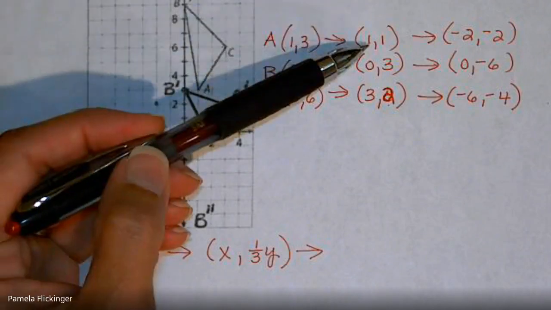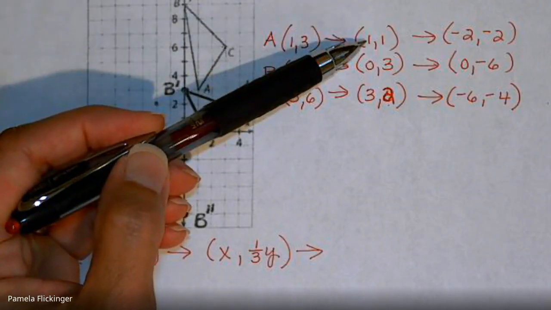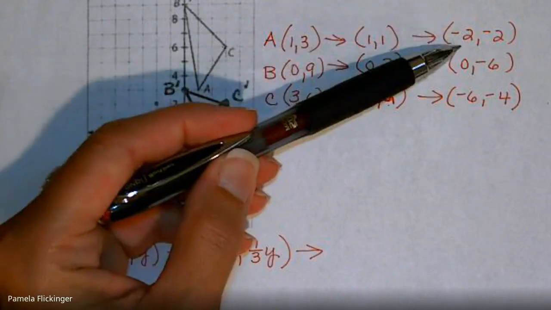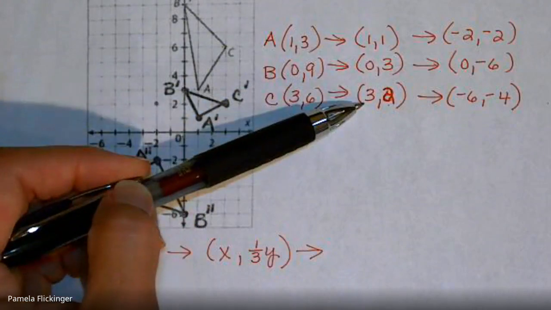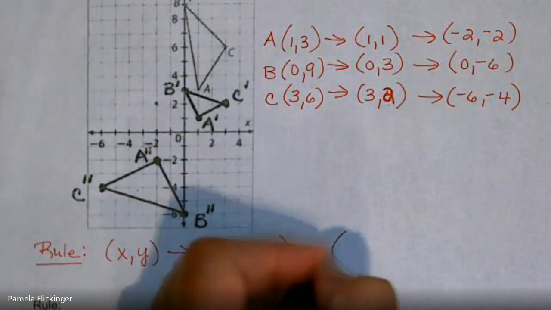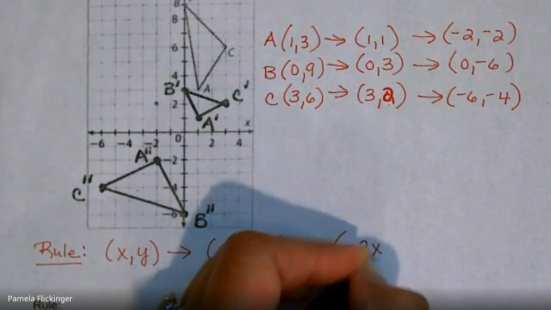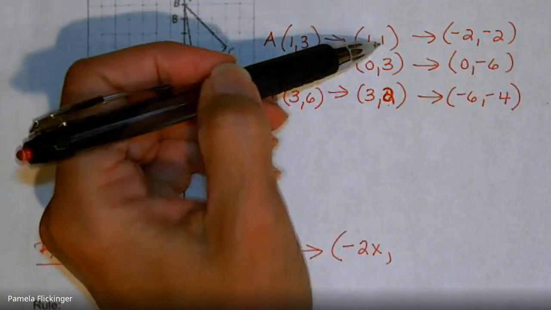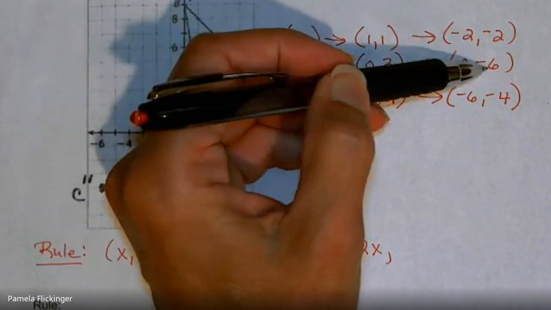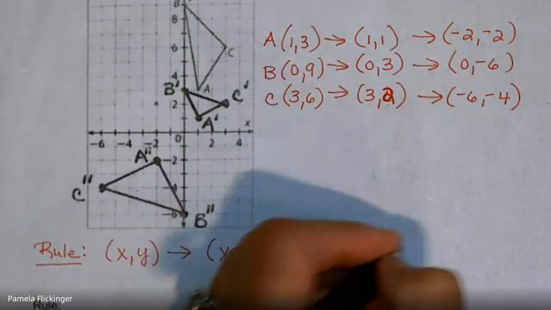If we look at our points, we're multiplying by -2, multiplying by -2, multiplying by -2. So our x is getting multiplied by -2. And so is our y. 1 times -2, 3 times -2, 2 times -2.